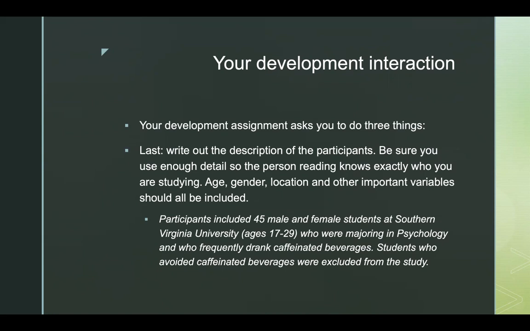For now, it makes sense to just say 50. So say your participants included 50 and just use that number. Participants included 45 male and female students at Southern Virginia University, ages 17 to 29, who were, and then here is some more identifying information so that you know exactly who's in your study.